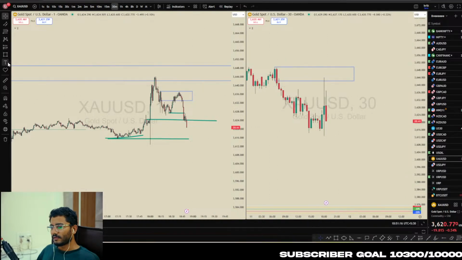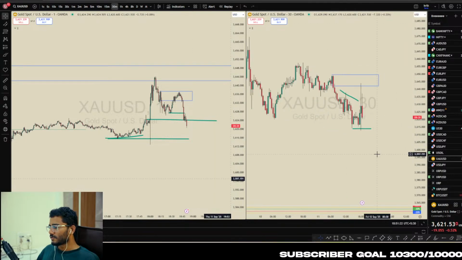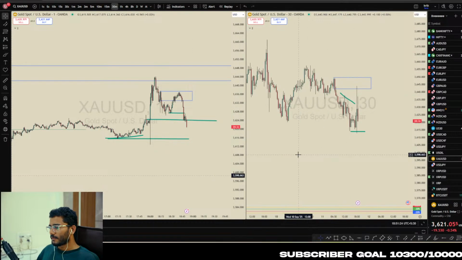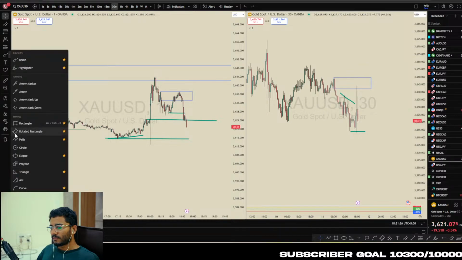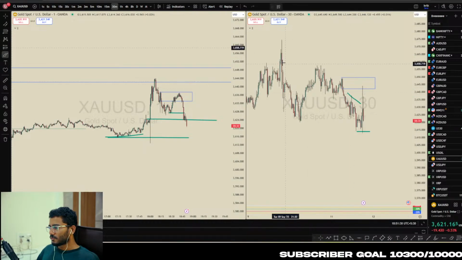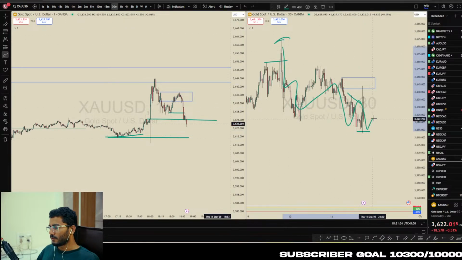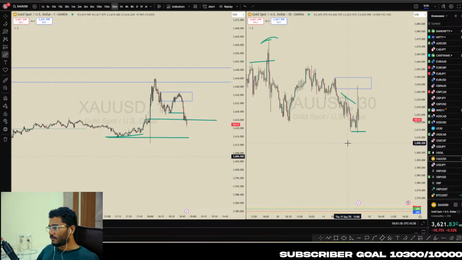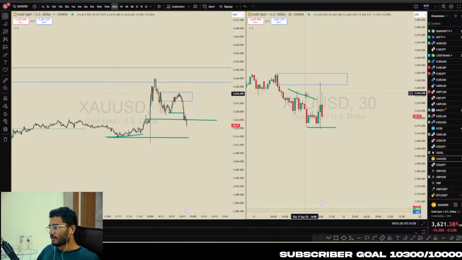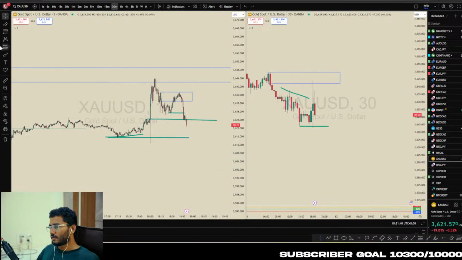So if price sweeps all this liquidity, then probably it should take out this low, continue the downside, and the momentum has shifted. So this was a liquidity sweep. We have the strong high, and right now the weak highs are this one, and this is a strong high, so it should break the weak low like this.